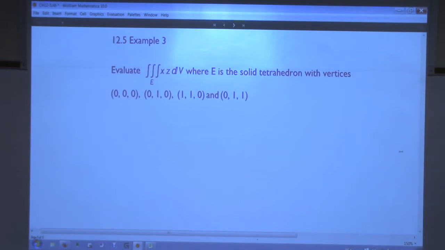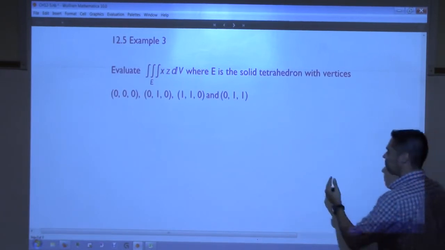Triple integral xz dv, where E is the solid tetrahedron with these vertices. I think I should be able to draw that pretty easily. Let's see.